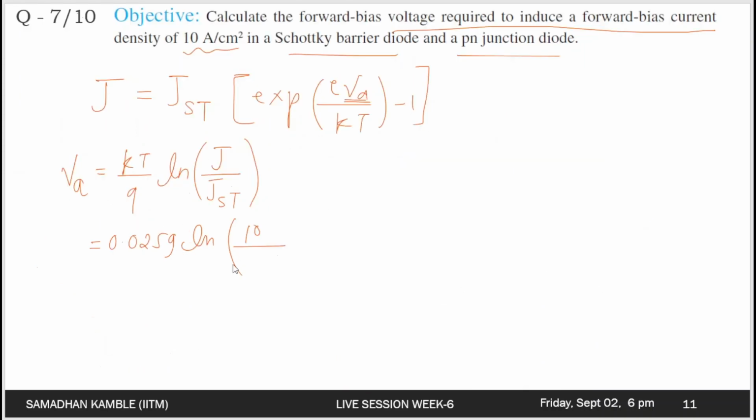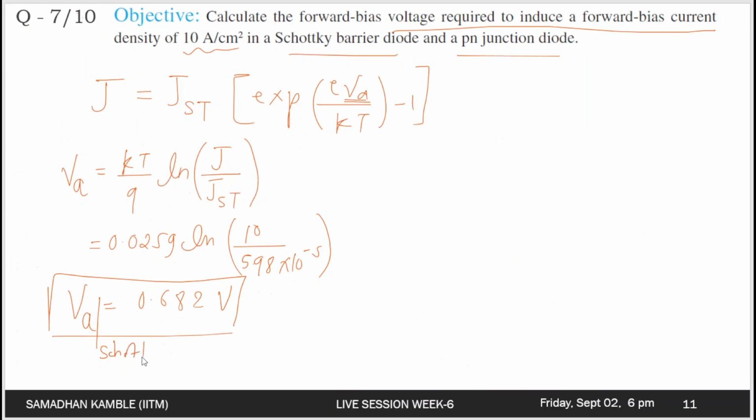Substituting that here, we get the voltage required as 0.312 volt. So this is the voltage required to induce the forward bias current of 10 ampere per centimeter square in the Schottky barrier case.